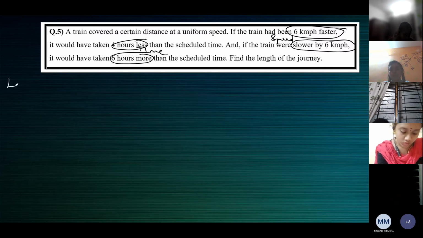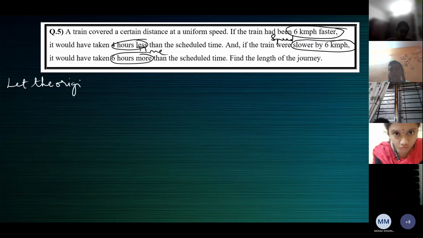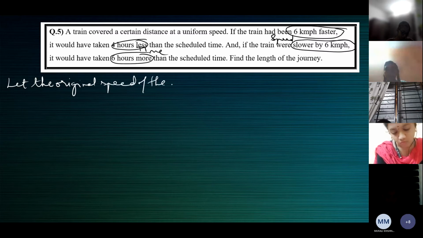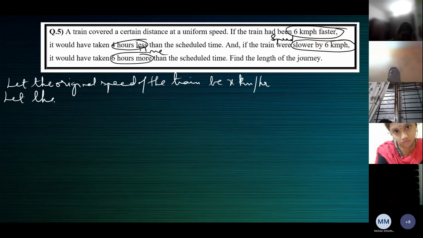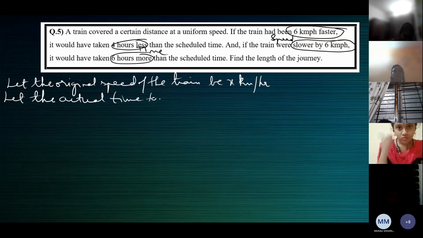Let the original speed of the train be x km/h. Let the actual time taken be y hours.